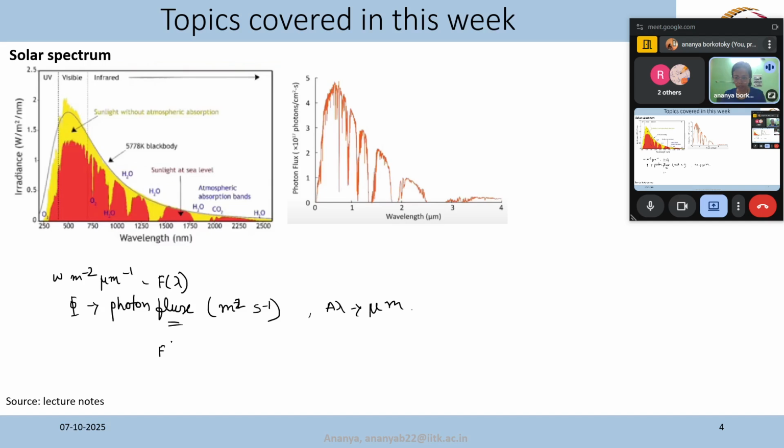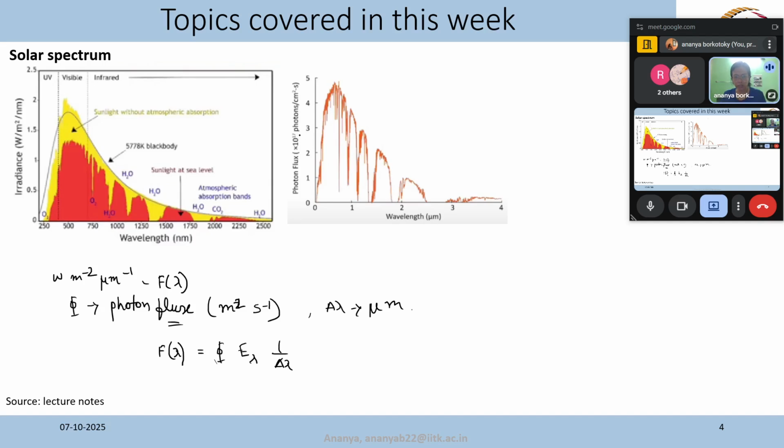So irradiance is actually not calculated, it is the standard spectrum. The relation with the photon flux is this: divided by the energy of photon at that particular wavelength and some delta lambda, maybe like 1 micrometer or so. So this photon flux, this phi, is plotted here.